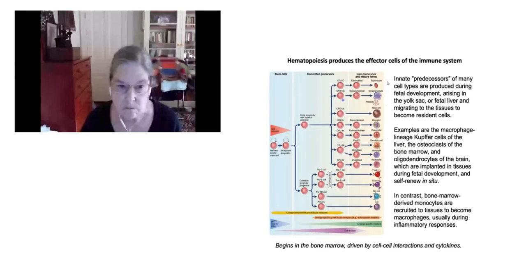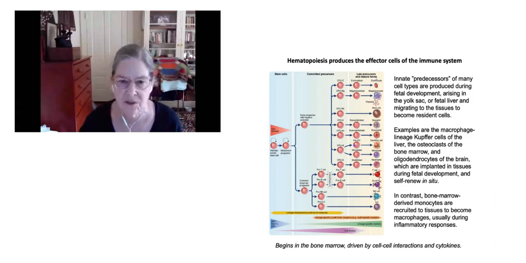Okay, so what is the basic structure of the immune system? Well, in your blood you have a lot of different cell types that are all part of either the innate immune response or the adaptive immune response. So here are your lymphocytes, and these all come from a single hematopoietic precursor in your bone marrow.